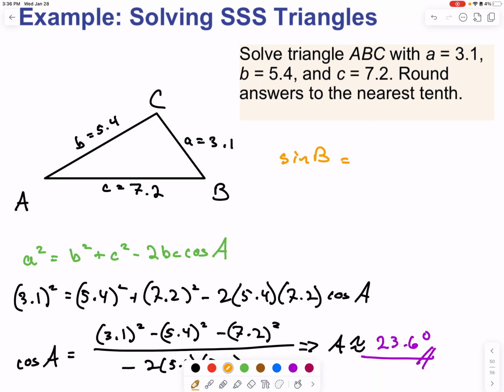So our side b is 5.4, the sine of angle A we got is 23.6, over side a, which is 3.1. That's what we want to put in the calculator.